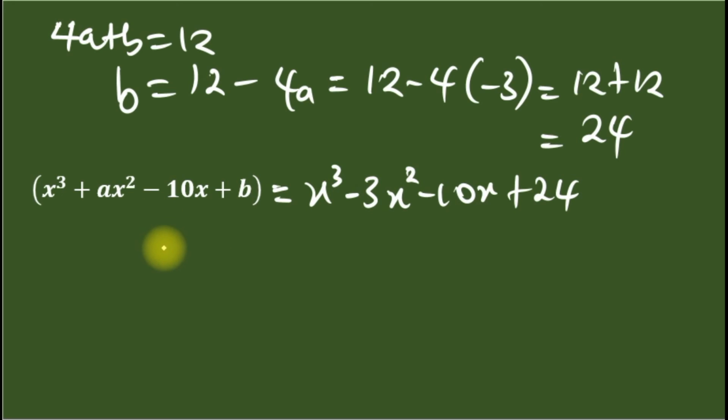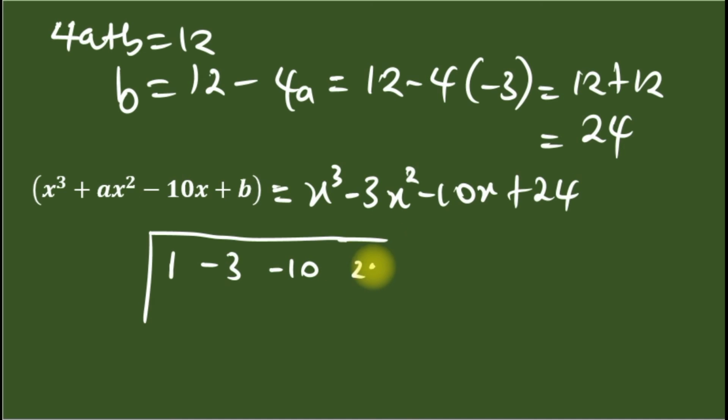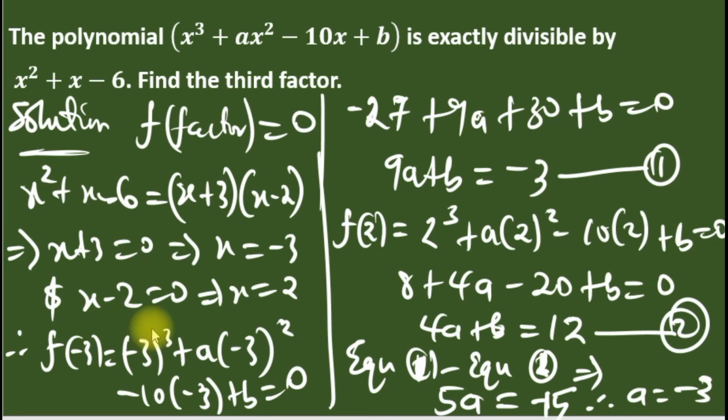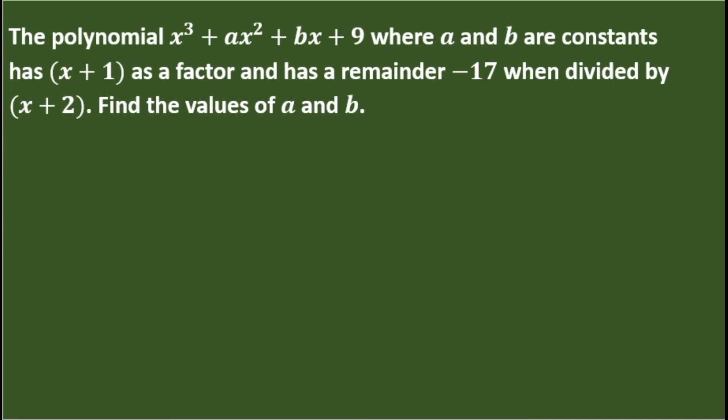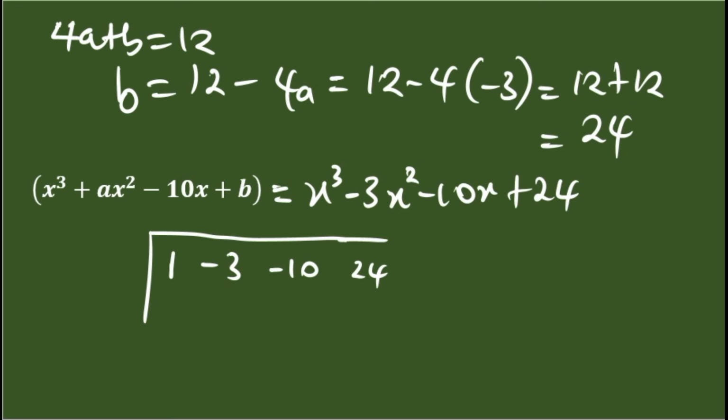And how do you get the remaining factor? Use synthetic division. So I'll write the coefficients: 1, minus 3, minus 10 and 24. Do you remember the factored form? We have x equal to minus 3 or 2. Let me choose 2.